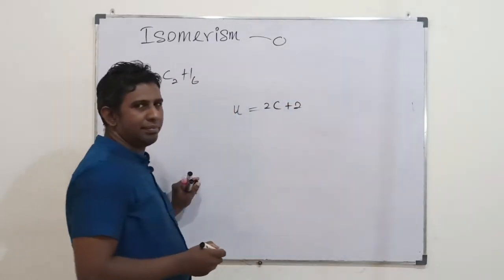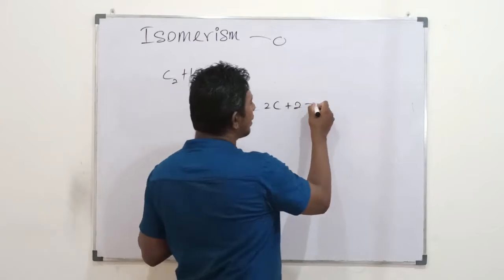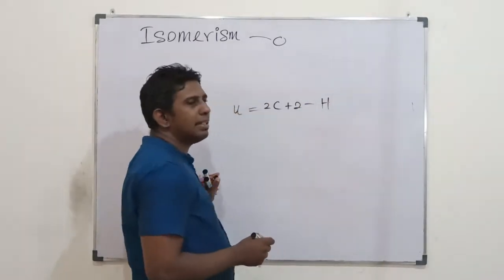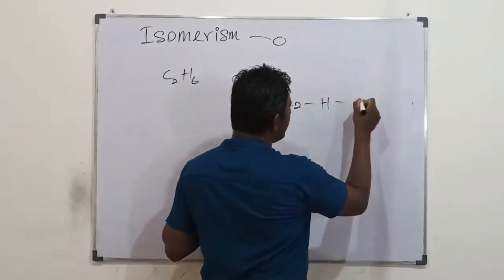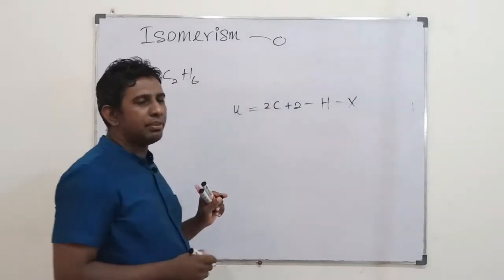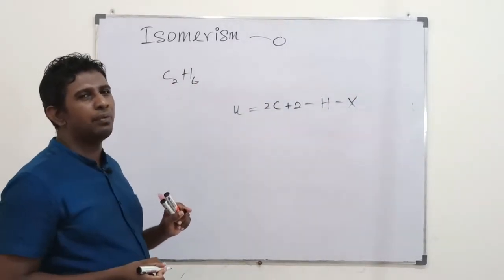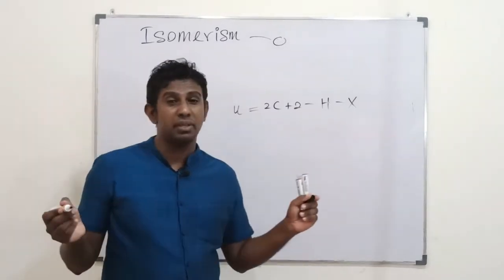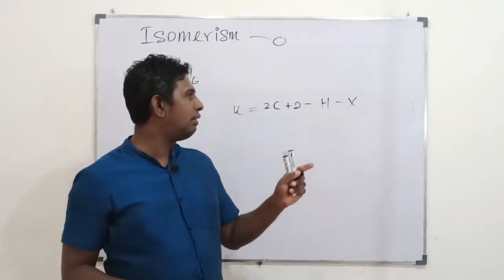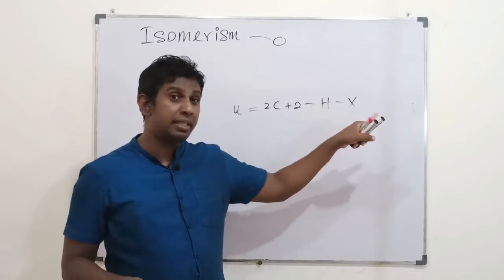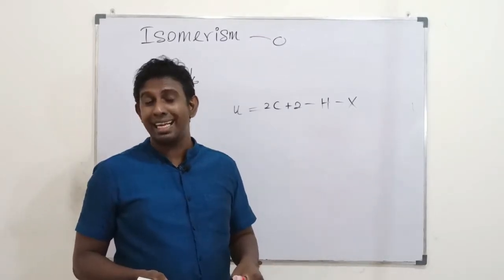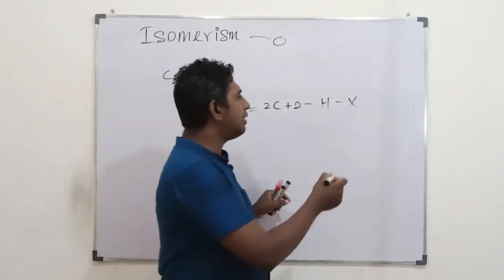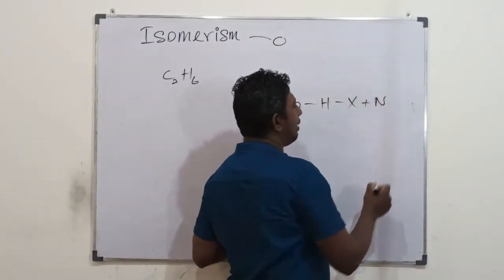Then you subtract the number of hydrogens you find there. Then you deduct the number of halogen atoms within the molecular formula. It's okay if you do not have any, but if you have, please subtract those halogen atoms. If you find nitrogen atoms, then you add.